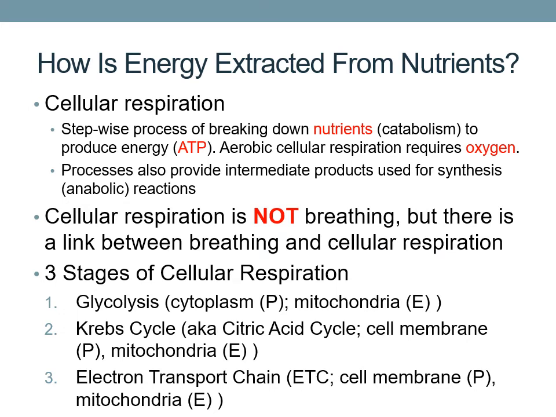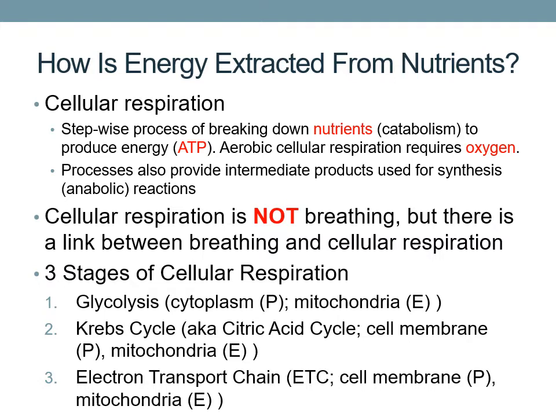Cellular respiration occurs in different areas of the cell in prokaryotes and eukaryotes. Glycolysis occurs in the cytoplasm in prokaryotes and in the mitochondria matrix in eukaryotes. The Krebs cycle, also known as the citric acid cycle, is associated with the cell membrane in prokaryotes and, again, in the mitochondria of eukaryotic cells.